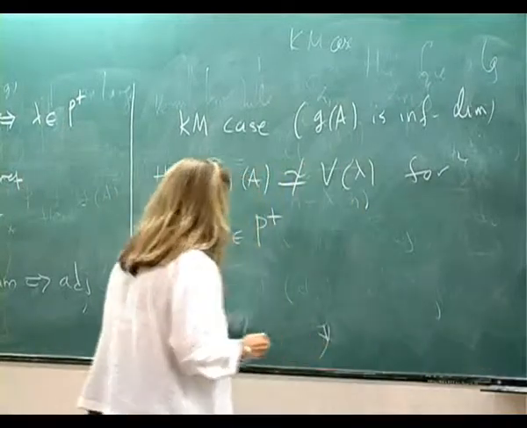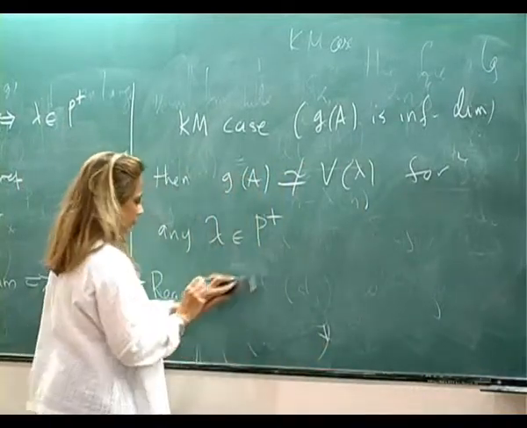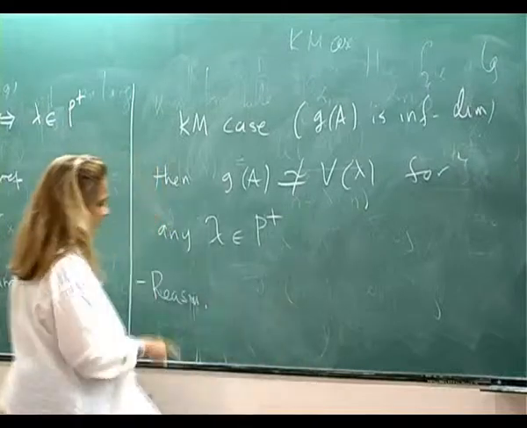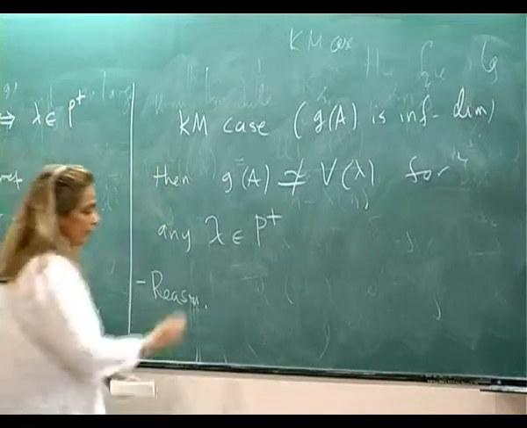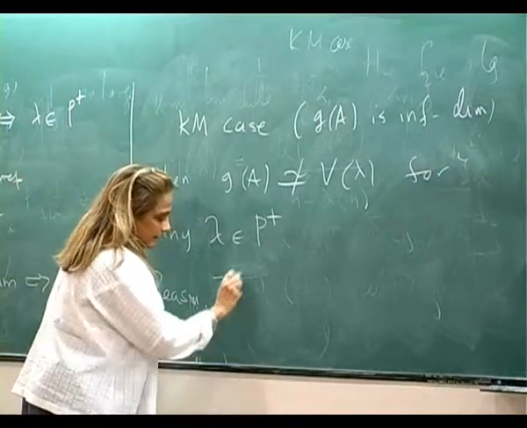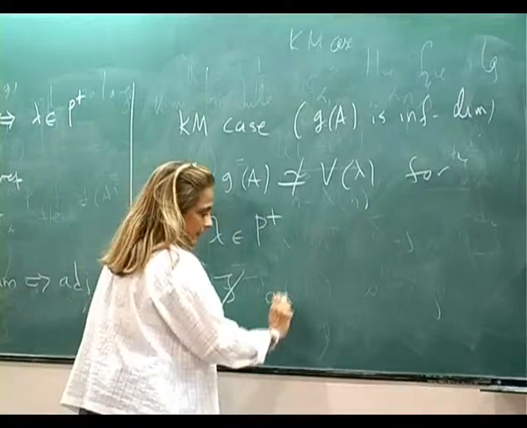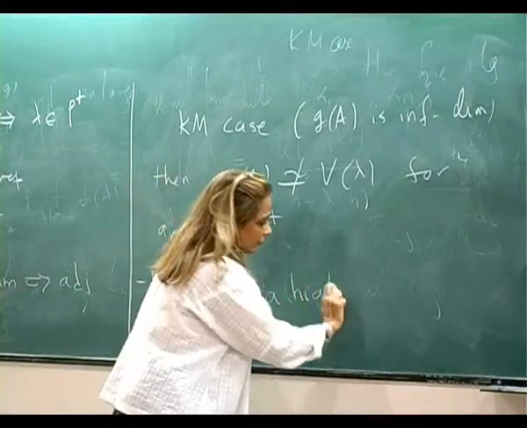A more advanced graduate student should be able to prove that essentially the reason for this is that there does not exist a highest root with respect to our partial order.